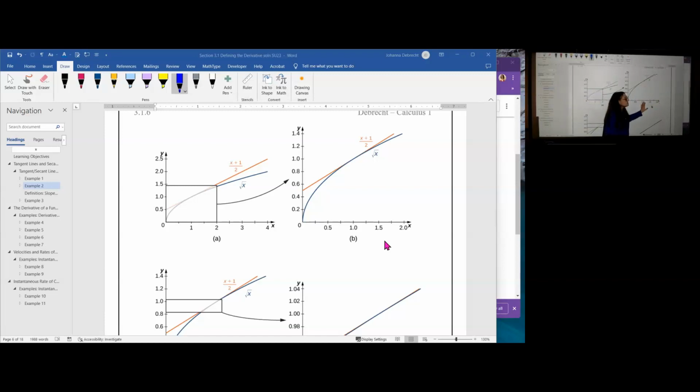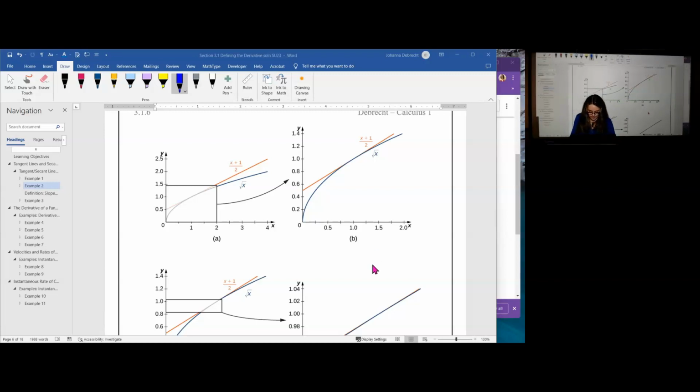Again, we're looking, I believe, here at x equals 1. What do you notice about the relationship between the curve and the tangent line? Well, they're very close, at least near to 1. The further from 1 it gets, however, they split apart and become very different.